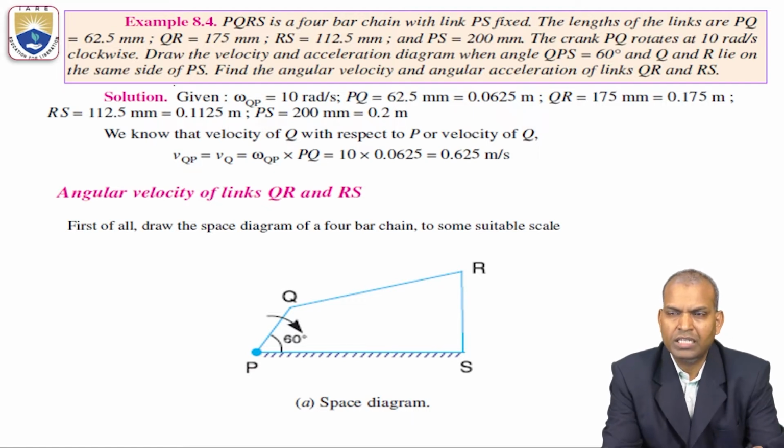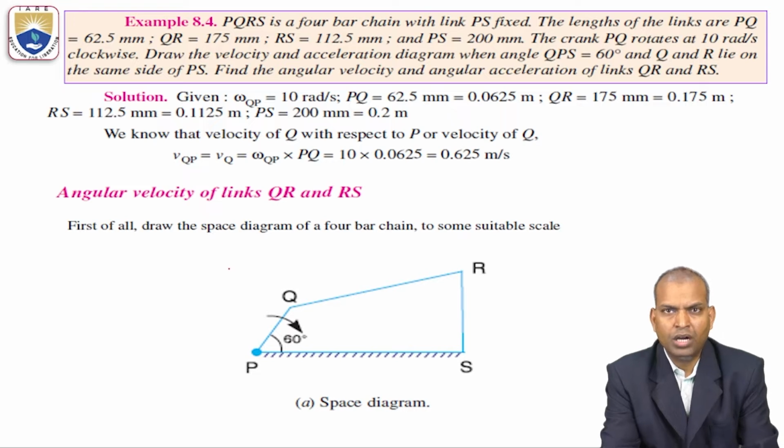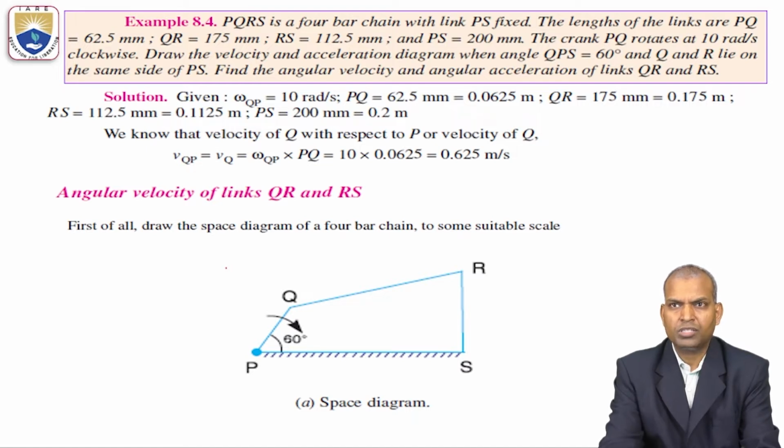The lengths of the links are PQ equal to 62.5 millimeters, QR 175 millimeters, RS equal to 112.5 millimeters, and PS equal to 200 millimeters.